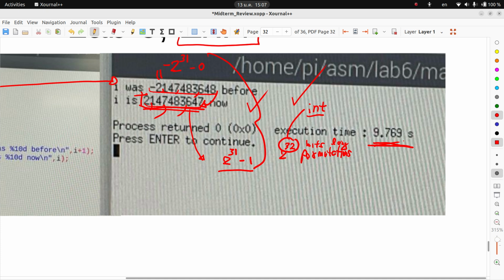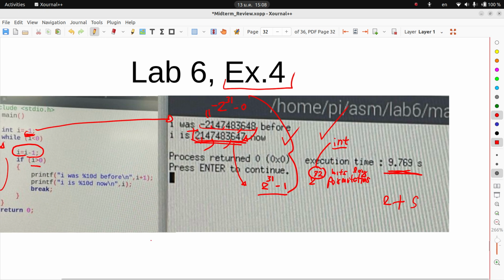If you happen to do this on Raspberry Pi 3, it's going to be 20 something seconds. It's going to take a longer time, because Raspberry Pi 3 is slower than Pi 4. Okay? Are we clear now?